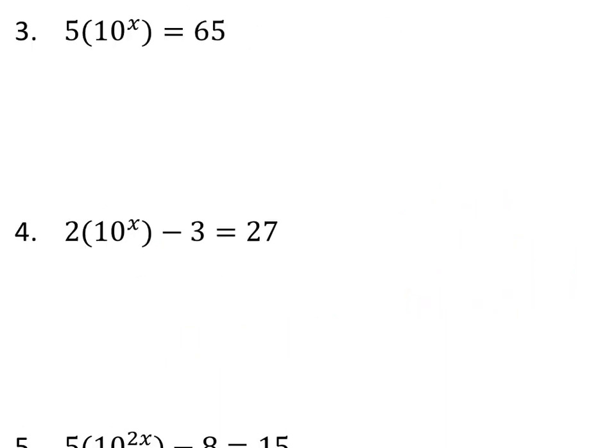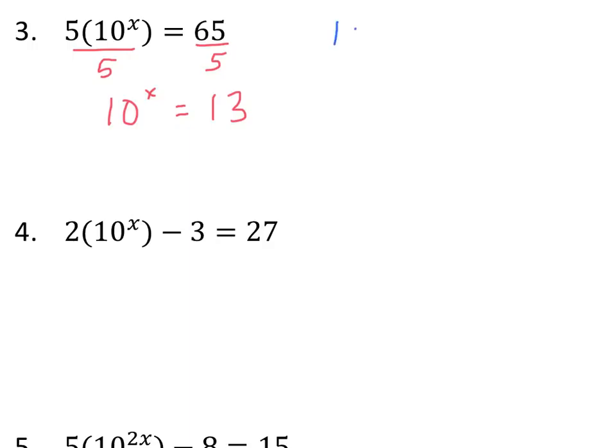Now moving on to number 3, there is one more step that we have to do here. Before we take the logarithm, we have to get 10 to its exponent by itself. So the first thing I'm going to have to do is divide both sides by 5. That gives me 10 to the x power equals 13.